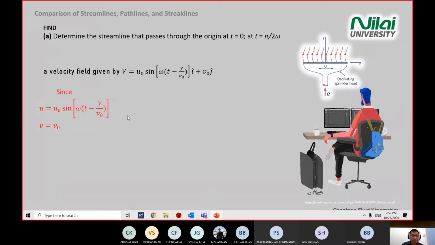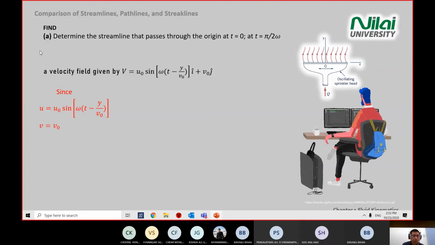Now we can break our velocity field into 2 components by looking at their vector signs. All the direction in the x-axis we denote as small u, and you copy the first term as the magnitude of your u component in the x direction. Then you copy the y direction, which is given by the small v equal to the value that you see in the equation. So this is the standard procedure, right?